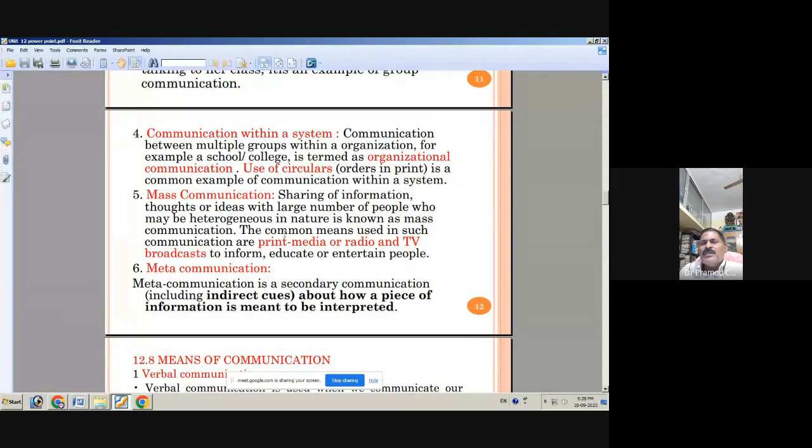Then another communication is known as mass communication. Mass communication means we have to share the message with everybody. That is sharing information, thoughts and ideas with a large number of people.